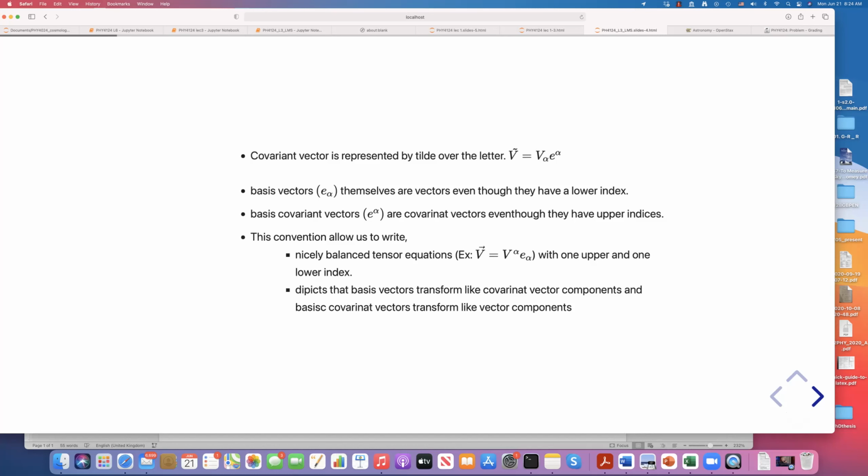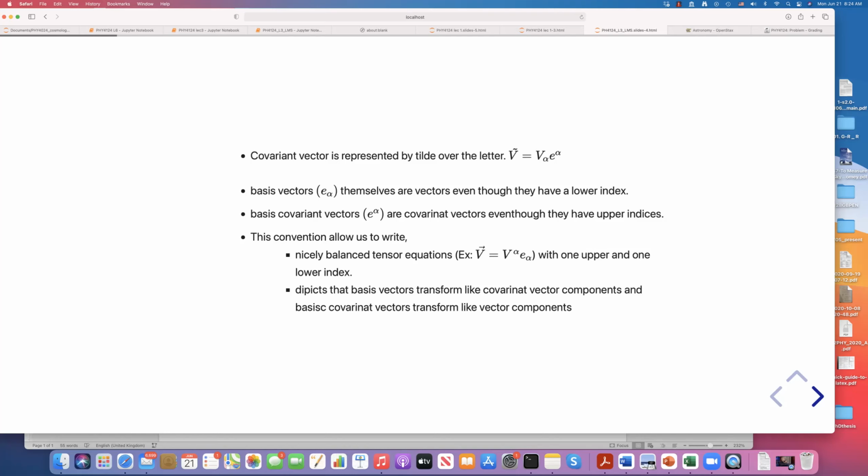Now, this is actually a convention, that's how we write covariant vectors and contravariant vectors. There is an advantage of using this convention. Number one, this will make very nicely balanced tensor equations.